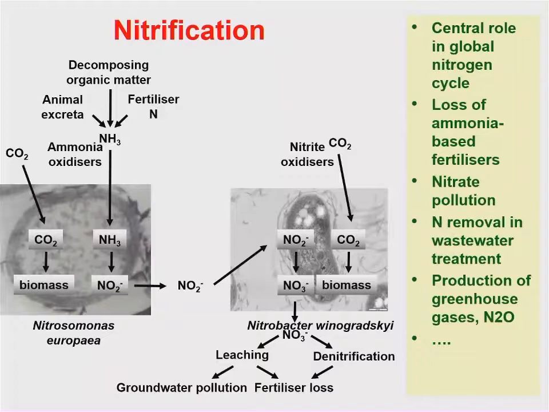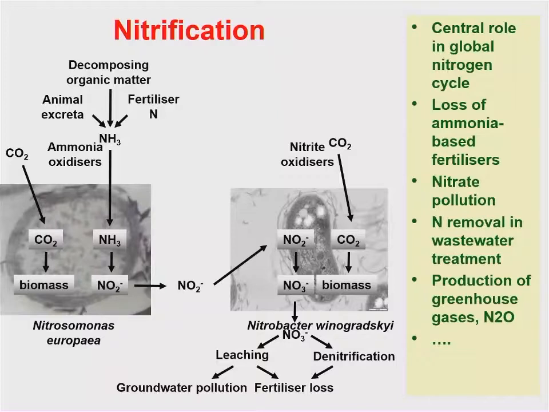And this nitrate can go through denitrification or leaching to influence the environment. The nitrate can be leached to the groundwater, causing eutrophication, and also produce nitrous oxide, a greenhouse gas. So we need to understand the microbial process and then develop approaches to control it.